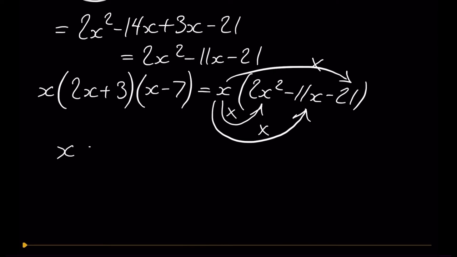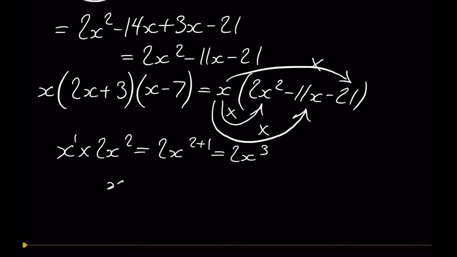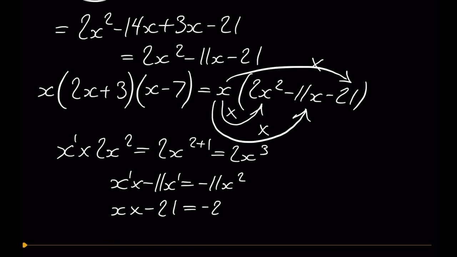So x times 2x squared is equal to 2x cubed. x times minus 11x is equal to minus 11x squared. x times minus 21 is equal to minus 21x.